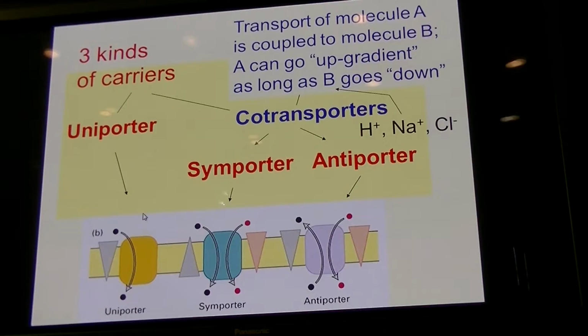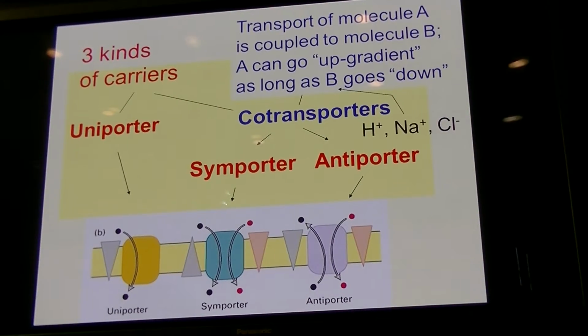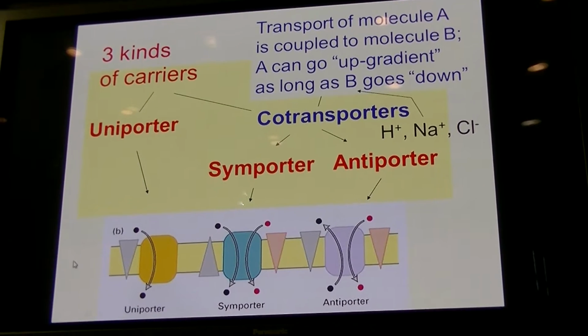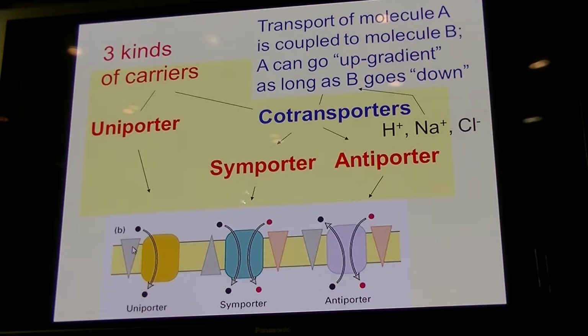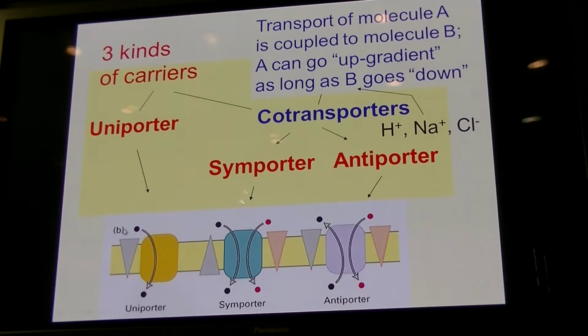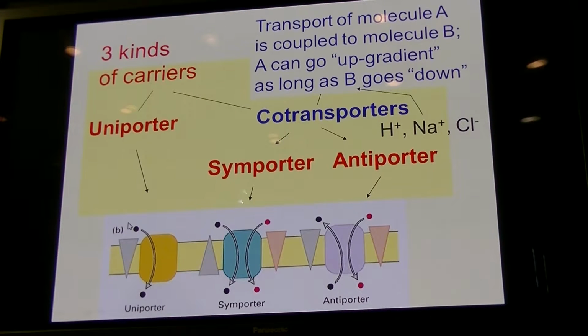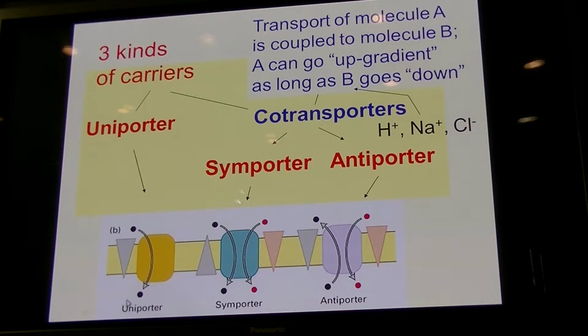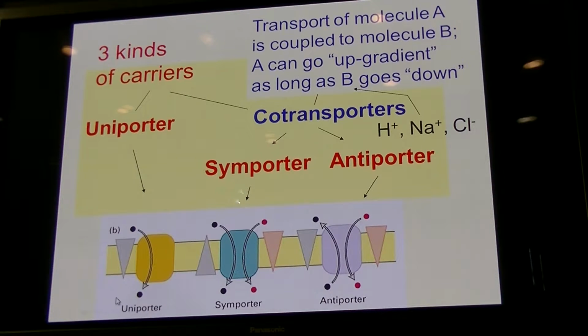So in this diagram here, this little triangle depicts a difference in concentration. So we're having a high concentration on the top here for our black molecule, let's say glucose, and a low concentration on the bottom.